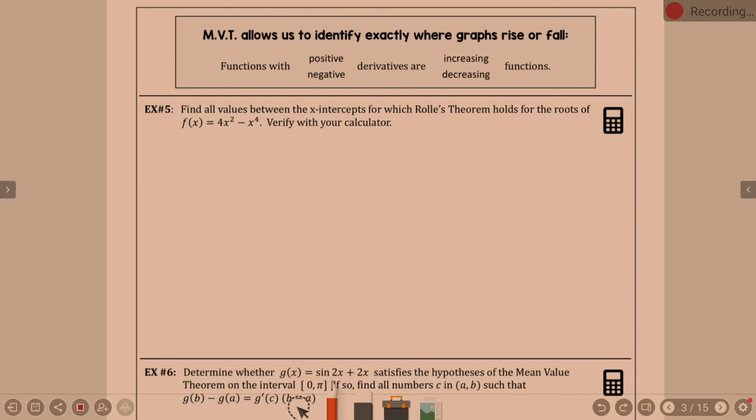Yes, it's continuous and differentiable because, again, it's a polynomial, and polynomials are continuous and differentiable everywhere.